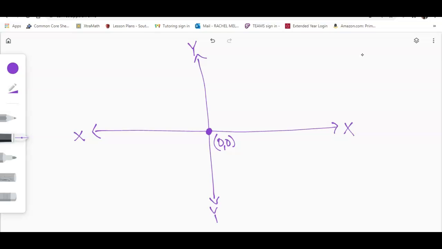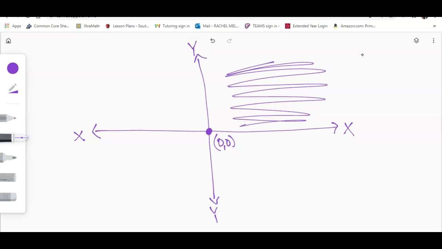Now, as fifth graders, we are going to stay here. We graph in what's called the first quadrant. Remember, quad means 4, right? So this is the first quadrant, the second, the third, and the fourth. This is the quadrant that has all positive numbers.